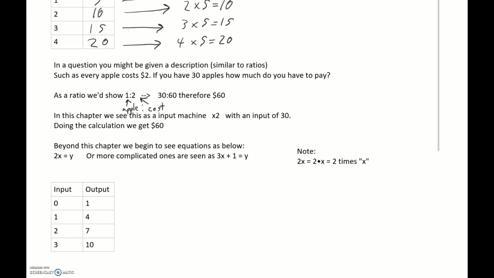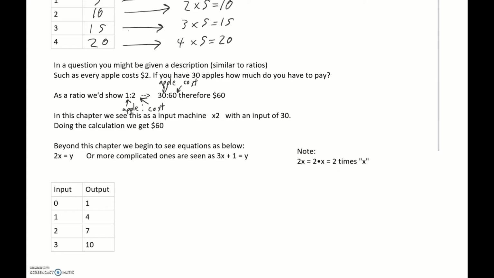So if we have 30 apples, it's still the same ratio, apples to cost, then we would have $60. If we were doing ratios, that's how we would show it.